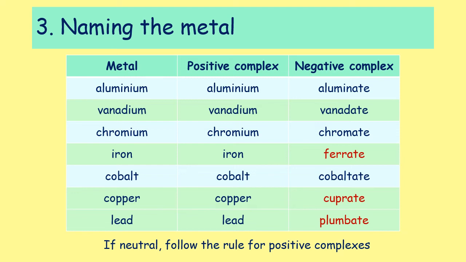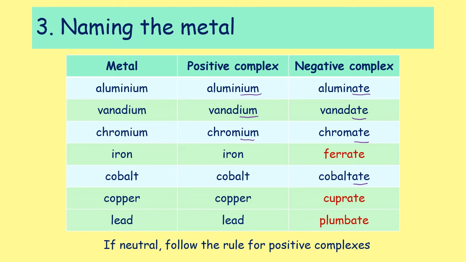So, for example, if your normal metal ends in IUM, you change IUM to ATE. Vanadium, vanadate. Chromium, chromate. If the metal doesn't have an IUM, you're typically adding ATE, for example, cobaltate.